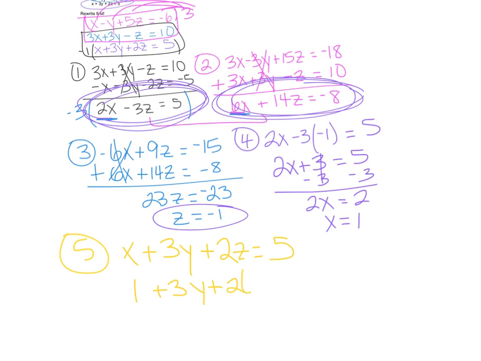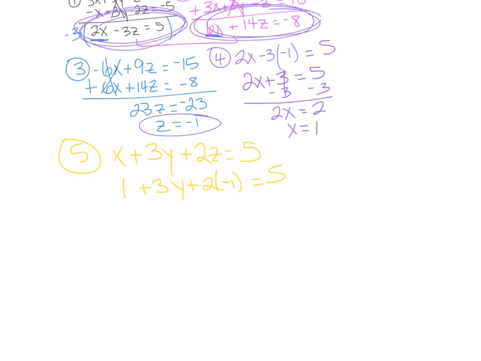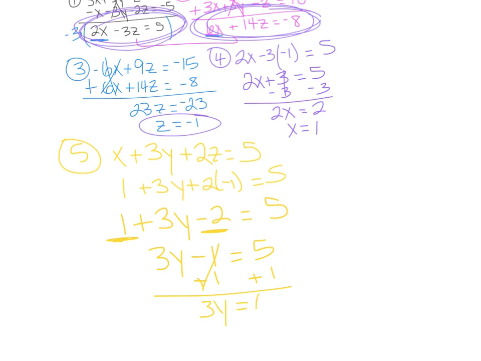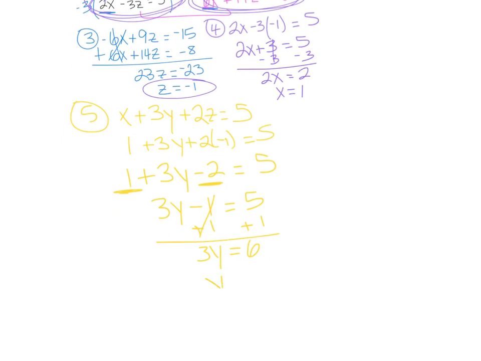I know z is -1. So that's 1 plus 3y minus 2 equals 5. I need to combine like terms. So that's 3y minus 1 equals 5. So add 1, you get 3y equals 6. So divide and you get y equals 2.